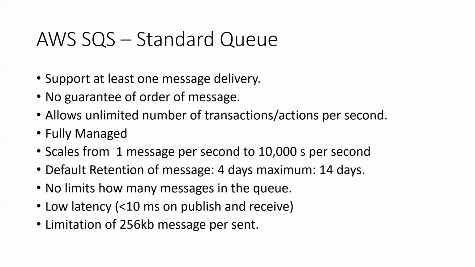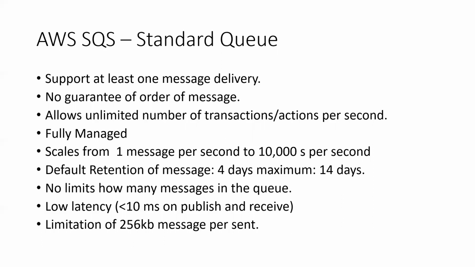Standard queue means, first of all, that the messages can be delivered in any order. Let's say you have 1 2 3 4 5 6 7 8 and again one message, so it can send the duplicate message. It allows an unlimited number of transactions or messages per second.